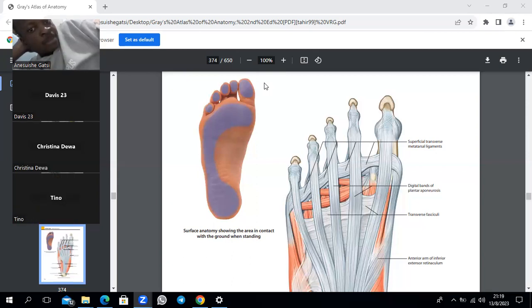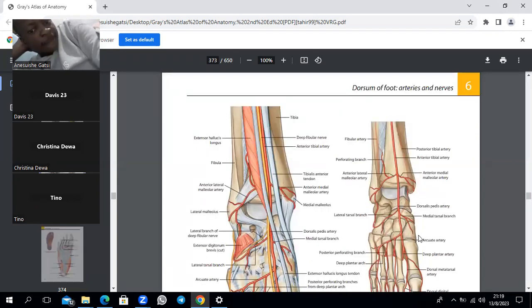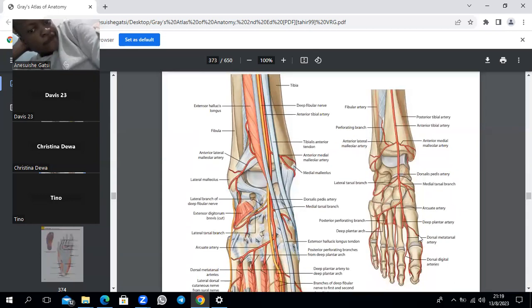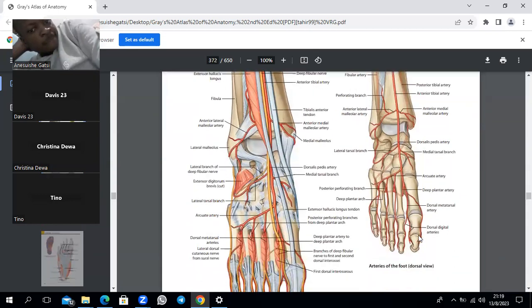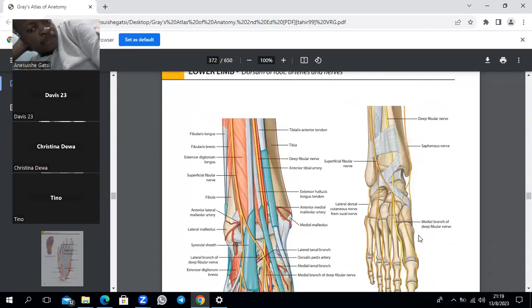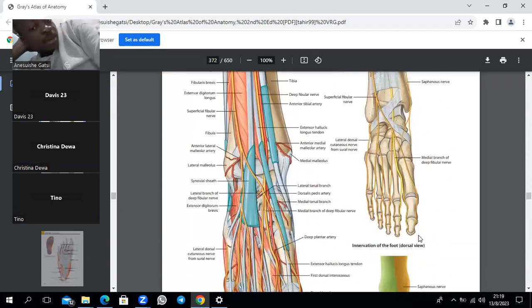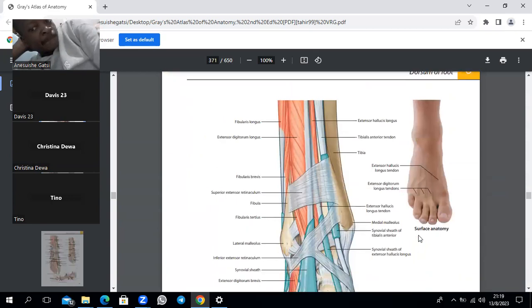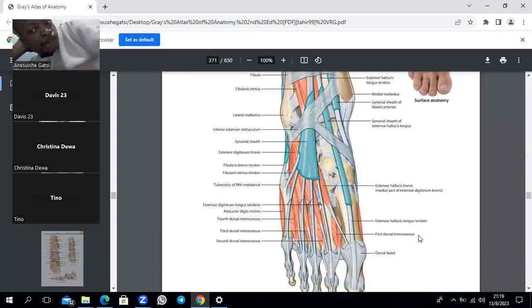Yeah, Doctor. I think yes. You think yes. Which muscles do you think are on the dorsum of the foot? The extensor digitorum brevis and the hallucis brevis.